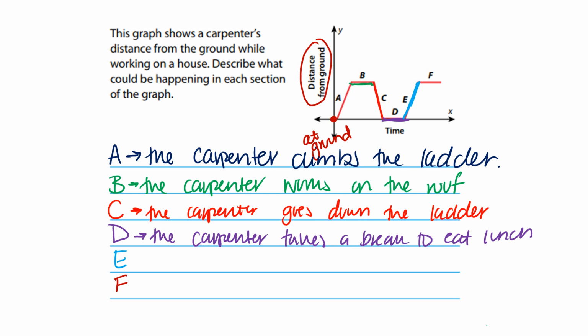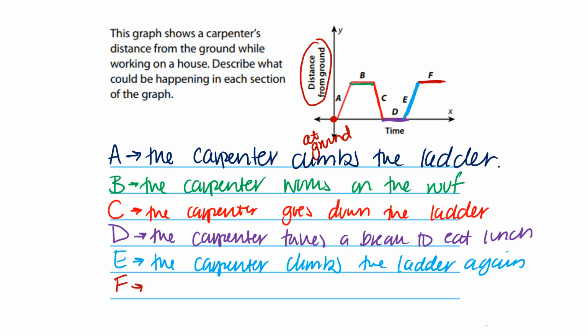Letter E, he's going back up, so we can say the carpenter climbs the ladder again. And in letter F, it's a straight horizontal line where it's up high, so we can say that the carpenter stays on the roof to finish working.